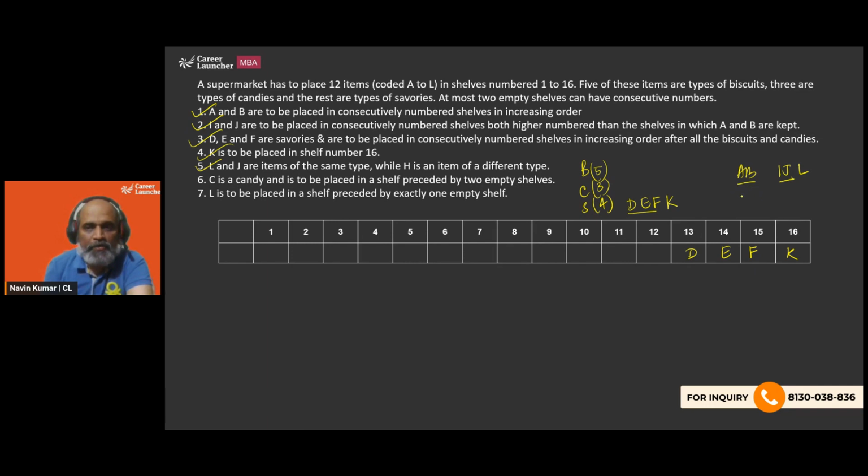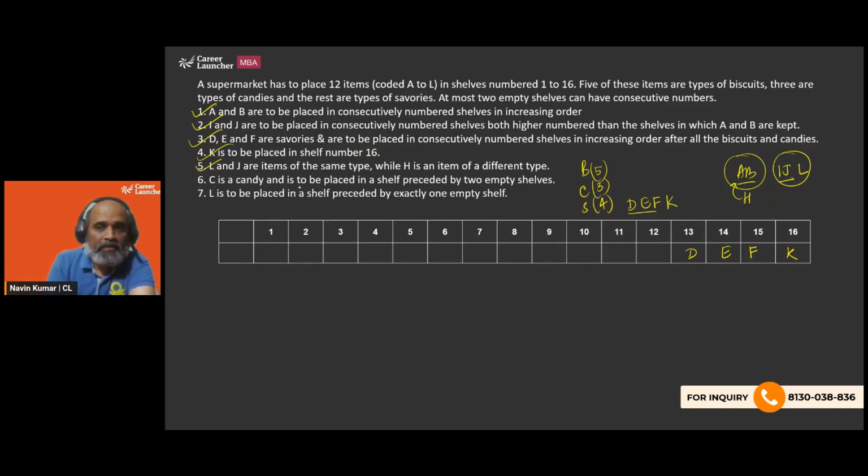Since H is an item of a different type, it may go with A, B, assuming that AB is a group, IJ is a group, so H falls in the group of AB, or maybe AB, IJ, L, they are in the same group. That in case would be biscuits, and H is in the next group, which is candies, right? We will get to know maybe later.